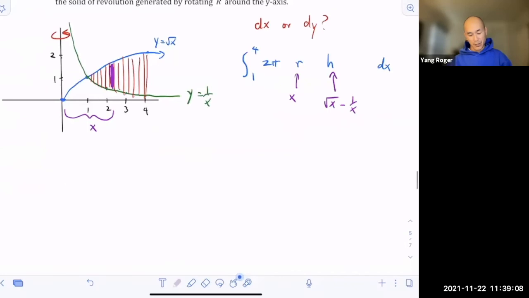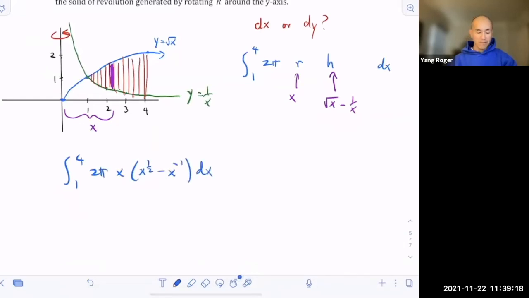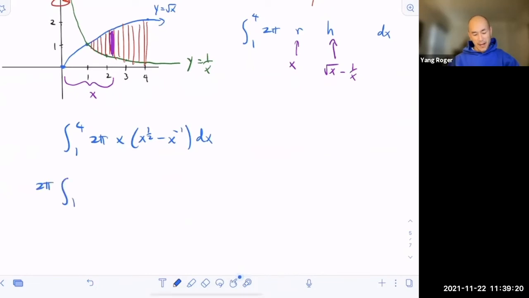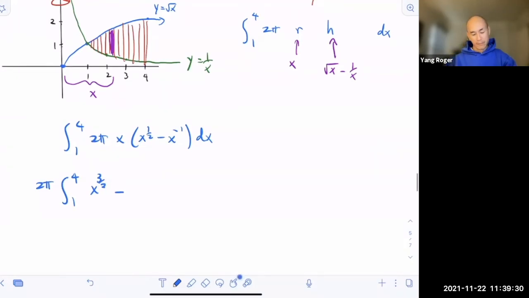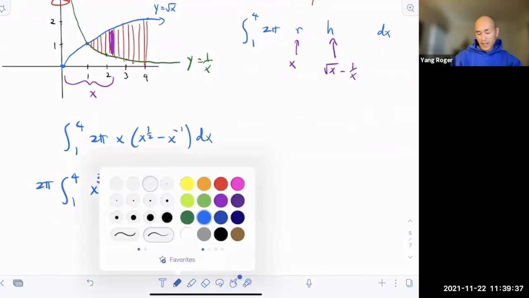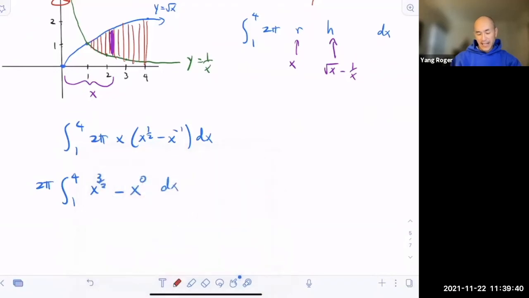Okay, so we write our integral. We can factor out the 2 pi, distribute. Remember on that antiderivative standard, I had asked you to integrate stuff that looks like this over here.